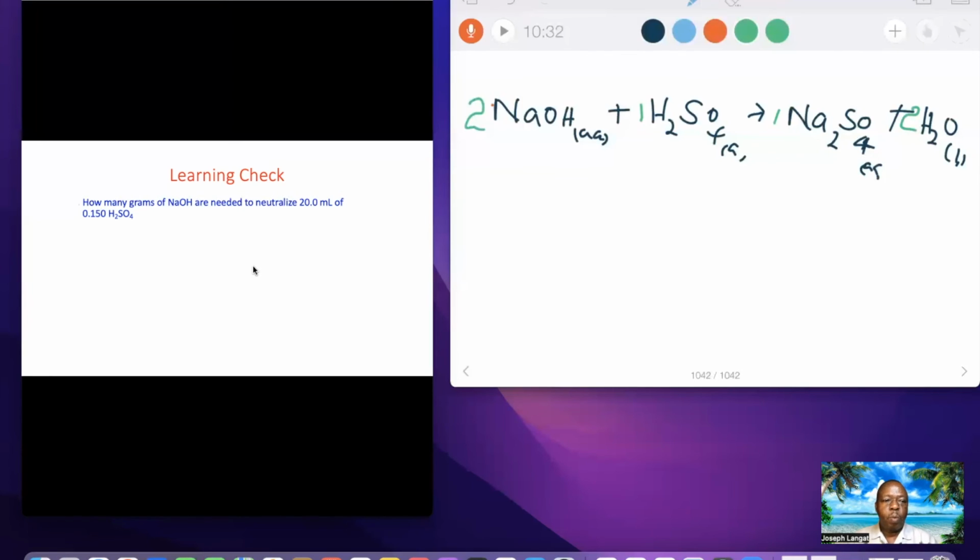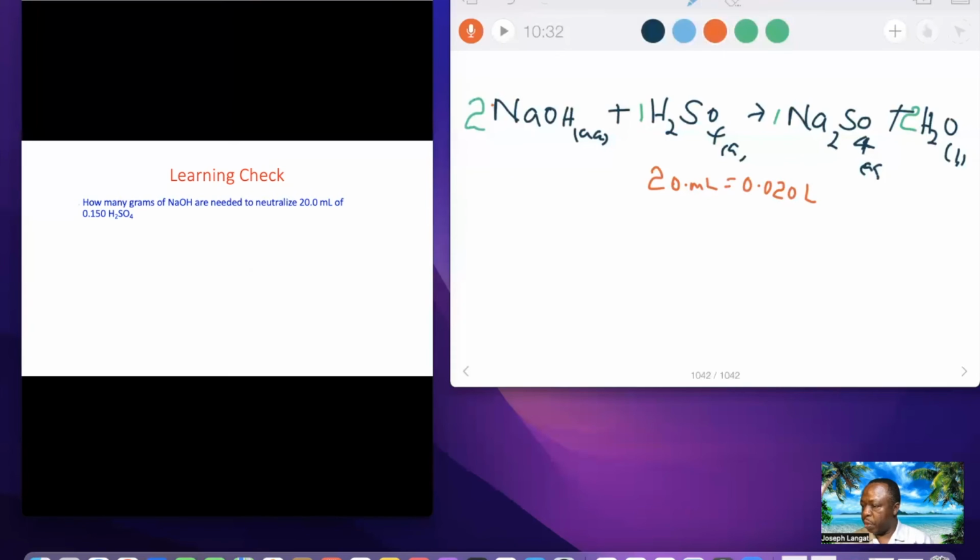So the information we have, this is what I was saying, you need to write below each species. To neutralize 20 ml, what I know here is we have 20 ml, which is 0.020 liters. Always change the volume to liters because of molarity. What do we know?